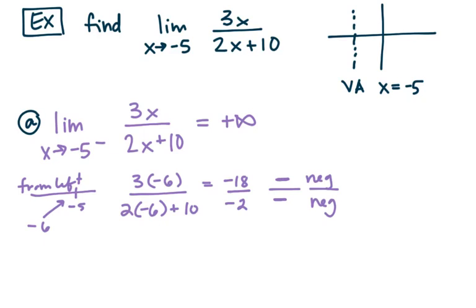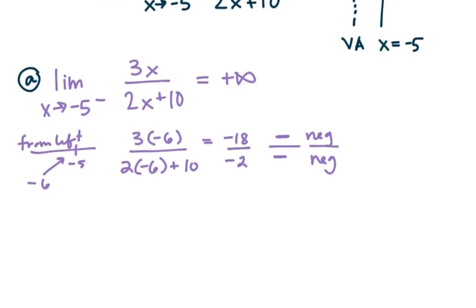So that means my graph, as we approach negative 5 from the left, has a horizontal asymptote at 3/2. Let me draw that in here. We've got y equals 3/2. My graph is going up to positive infinity.